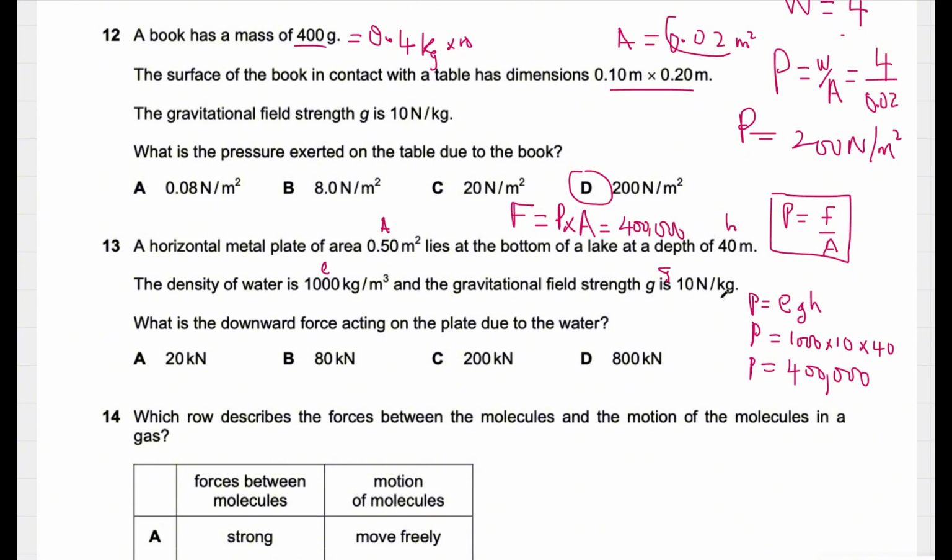What was our area? Area was 0.5. 0.50 is same as 0.5, okay? This will give you, is it 800 or 200? 200, okay.